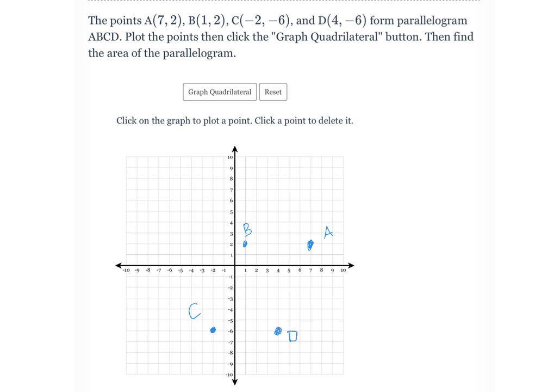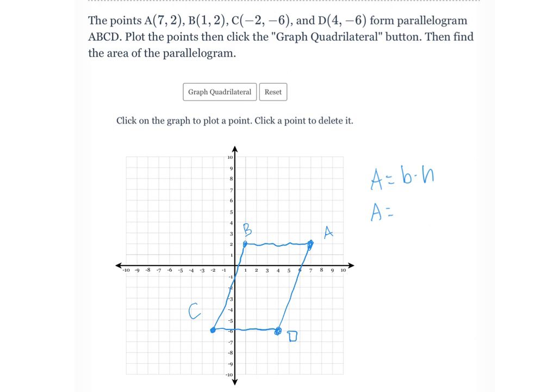At this point, you would hit the graph quadrilateral button. It'll draw the lines in for you. All right, there's our quadrilateral. Now, we need to find our base and our height, because remember, area is base times height. So I'm going to pick one of my flat sides that's easy to count.